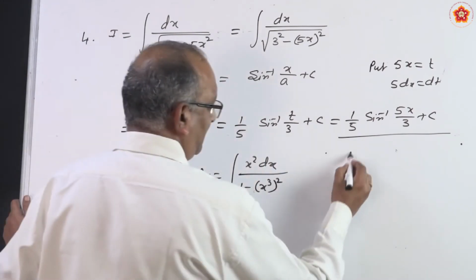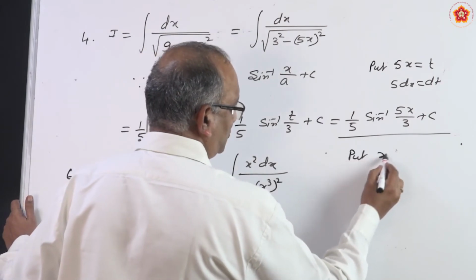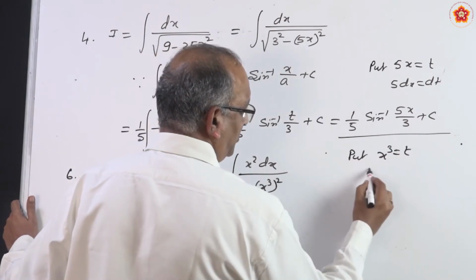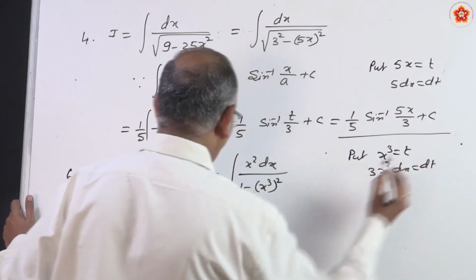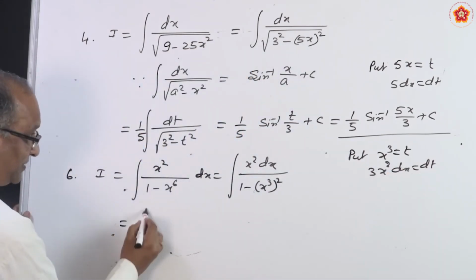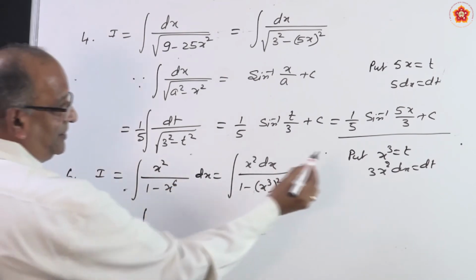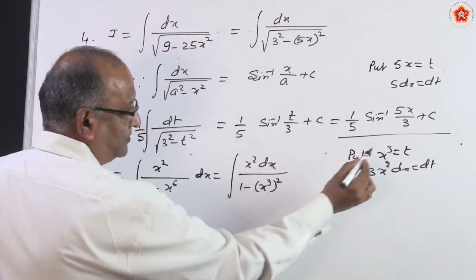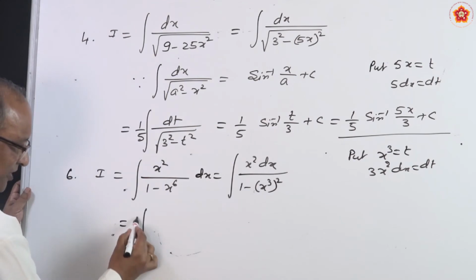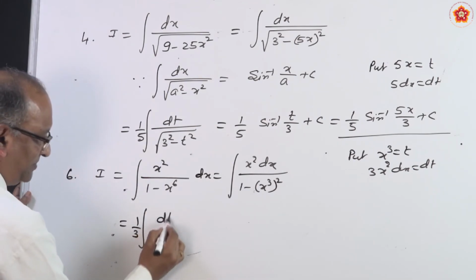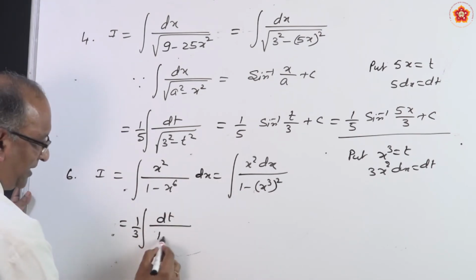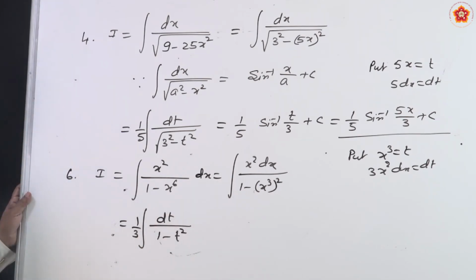Put x cube equal to t. So, you will get 3x square dx equal to dt. So, this integral can be written as x square dx we have, so we can say it is dt by 3, and that 3 can be put outside. So, the numerator becomes dt, denominator becomes 1 minus t square.